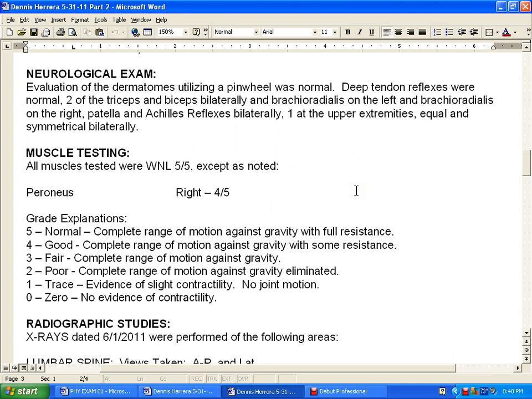All muscles tested were WNL, which means within normal limits, 5/5, and if there were any that weren't normal, then it would indicate it on that other page, and we would put in except as noted, like let's say it was for the shoulder, so we would put deltoids, right dash /5.